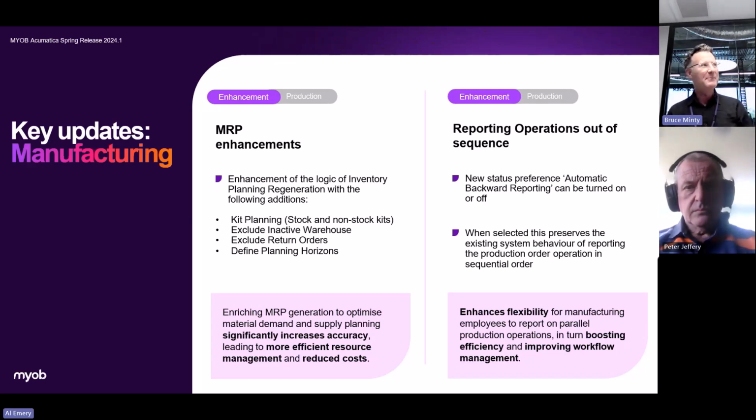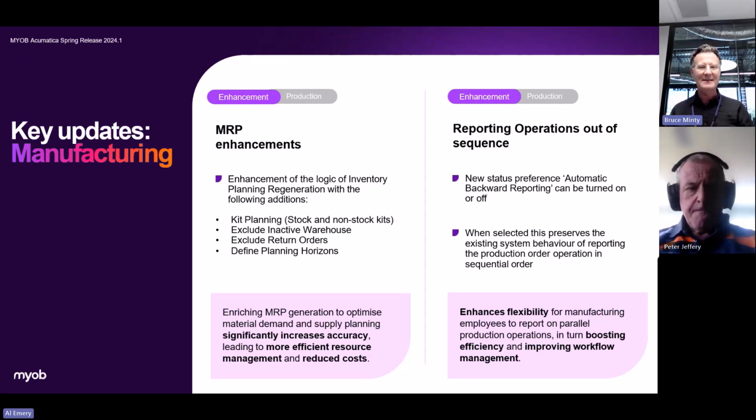That's just one piece of the puzzle, but there's also some enhancements around kit planning, for instance. Previously, MRP didn't consider kit components until there was a kit assembly created, due to MRP not blowing down the demand using the kit specification. So it didn't refer to this kit specification at all.